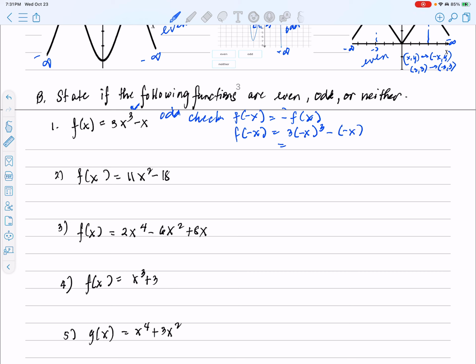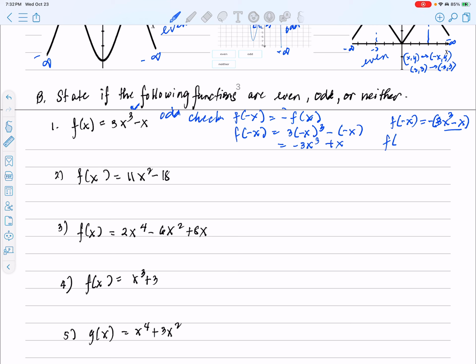A negative x cubed is negative, so that would be negative 3x cubed plus x. If you factor out a negative, that is negative of 3x cubed minus x, which gives you the negative of the function.